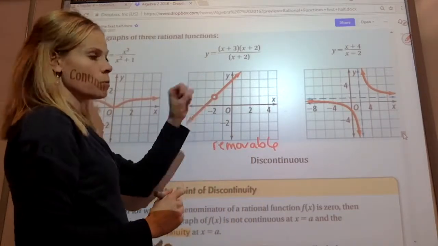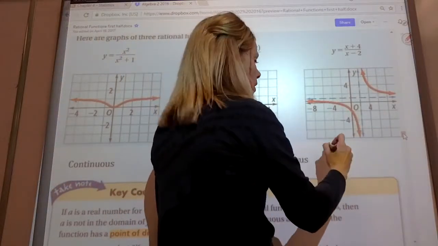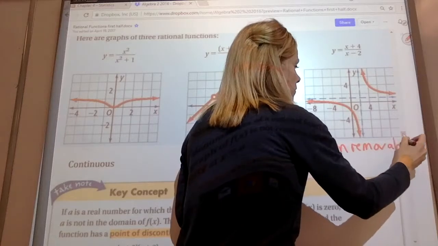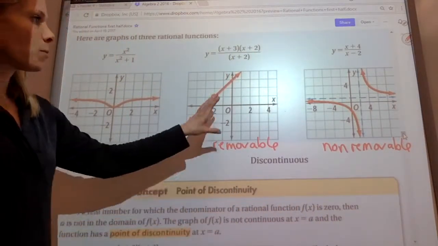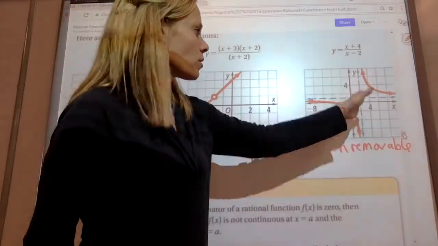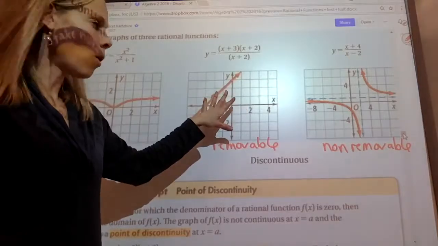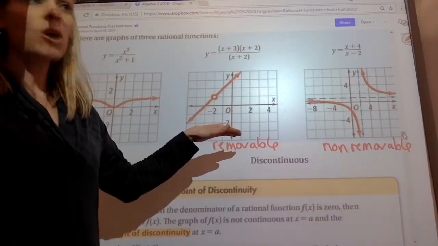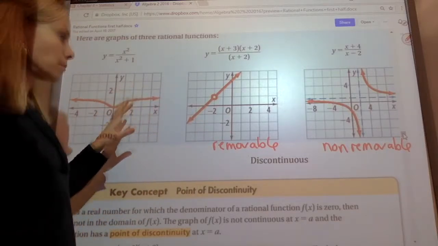A hole is a removable discontinuity. And an asymptote is a non-removable. So if you put this in your notes, when you have a vertical asymptote, it's discontinuous non-removable. If you have a hole, it's discontinuous removable. If domain is all real numbers, then your graph is continuous.